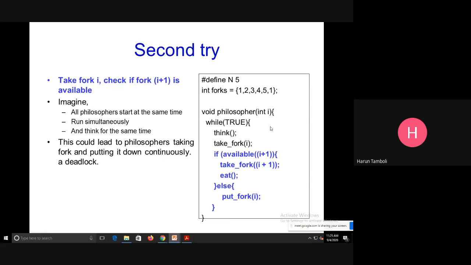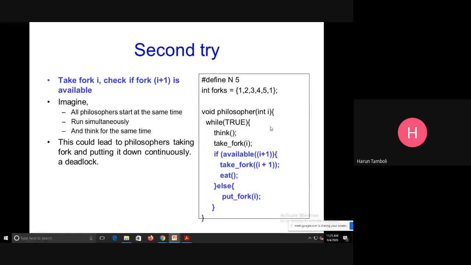They find it not available. Again, they put down the chopstick and go into a blocking state for a certain amount of time.